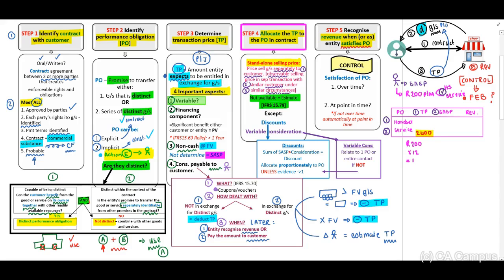But what will the allocation be between our performance obligations? We need to ask ourselves the question, what is our standalone selling price? They've indicated to us that if the customer would buy that handset, our customer will pay 700 Rand.